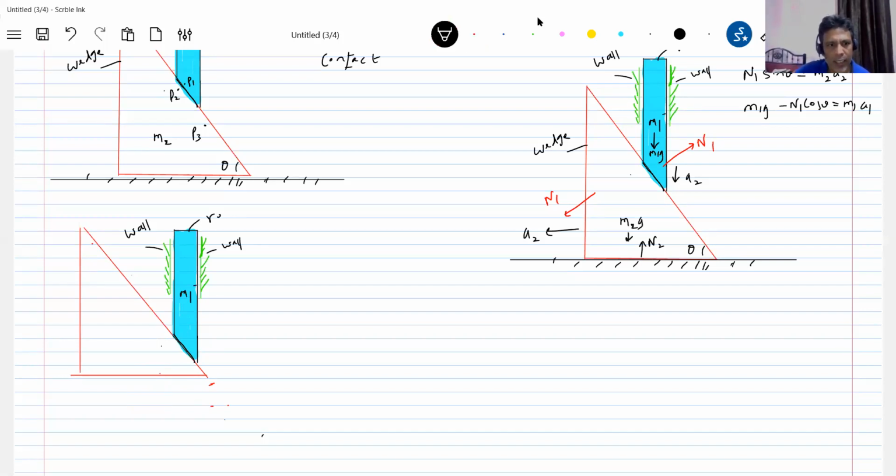I think this diagram is very important. If you are able to imagine, fine, good. The point P1 of the rod will be there only. The point P2 was here, and now it is P3. You look at the positions. The position of the rod has not changed.